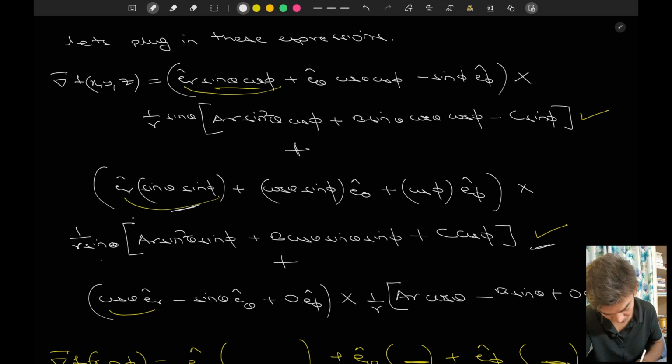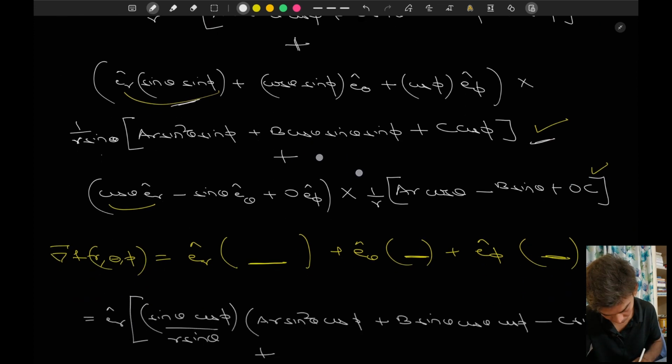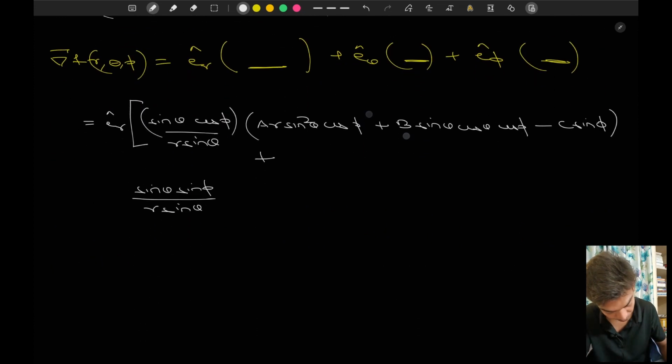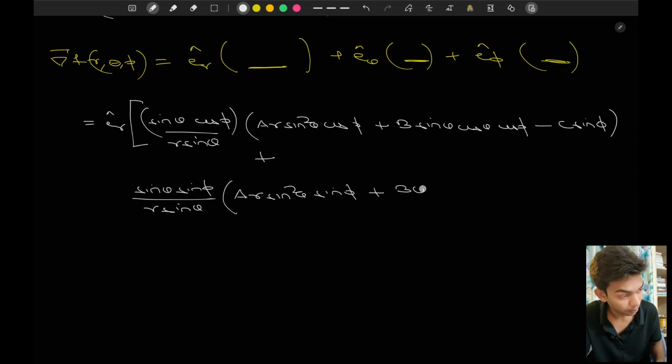When this guy gets multiplied by this guy, we have 1 upon r sin theta and this whole term, which is a r sin square theta sin phi plus b cos theta sin phi plus c cos phi.